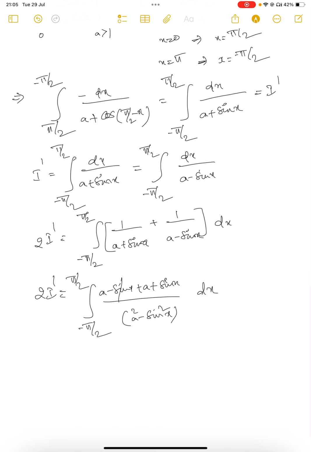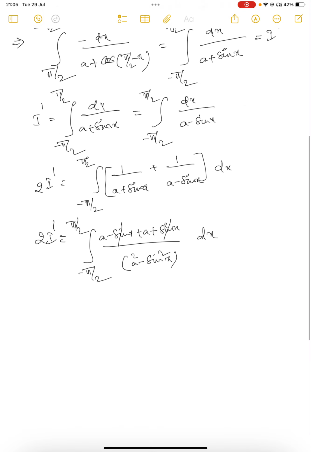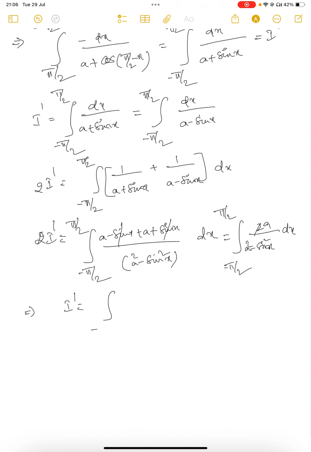The sine x will get cancelled, and this will be the integral minus pi by 2 to pi by 2 of 2a by a square minus sine square x dx. This 2 will get cancelled here. Then I prime is minus pi by 2 to pi by 2, a dx by a square minus sine square x.